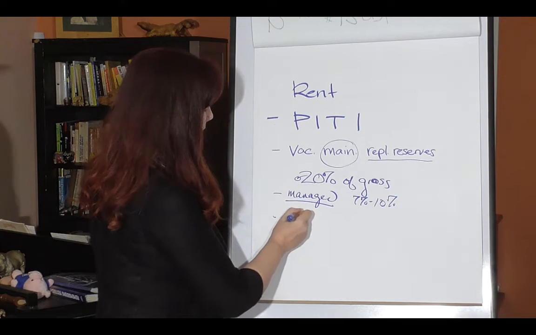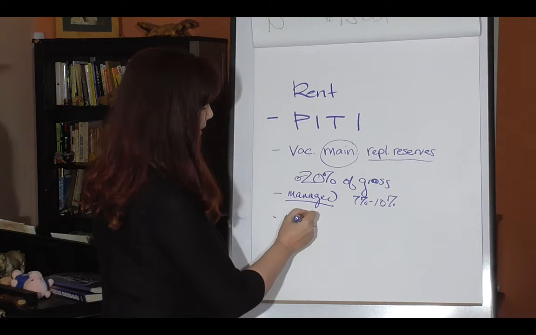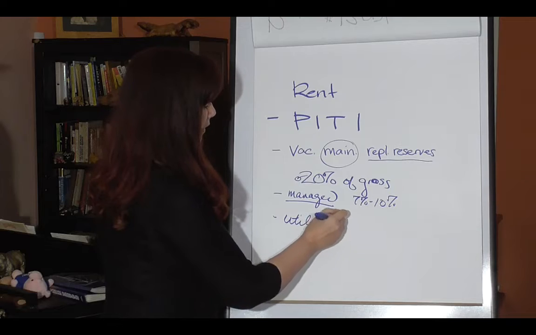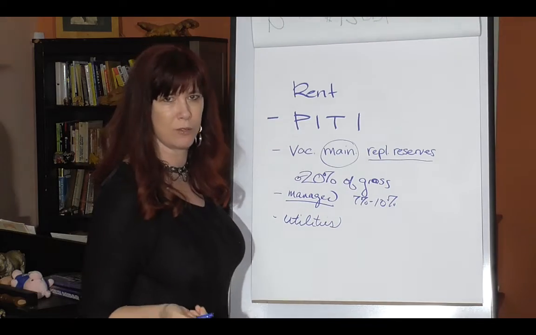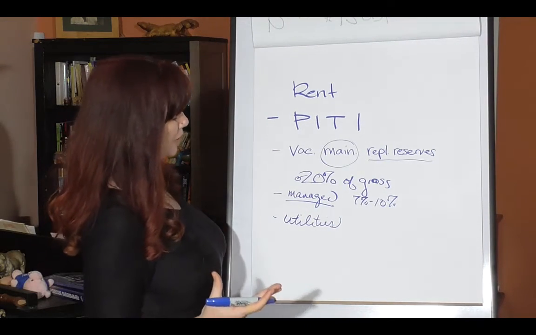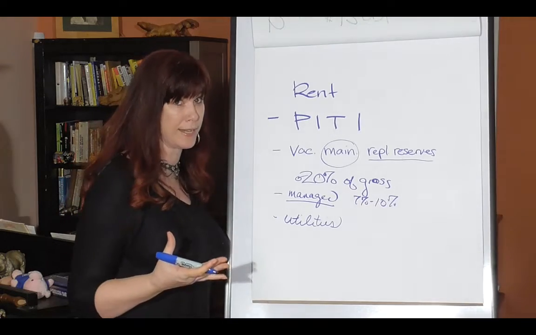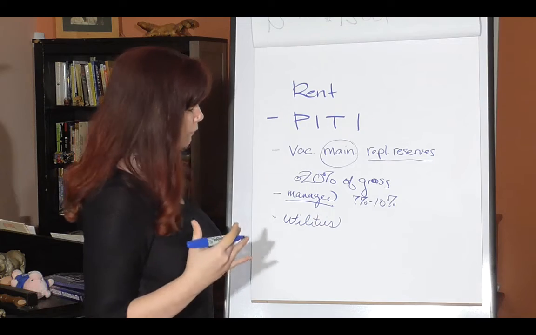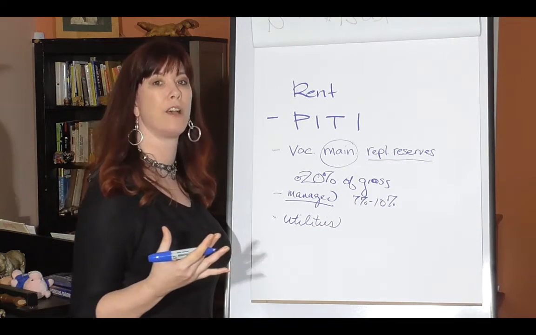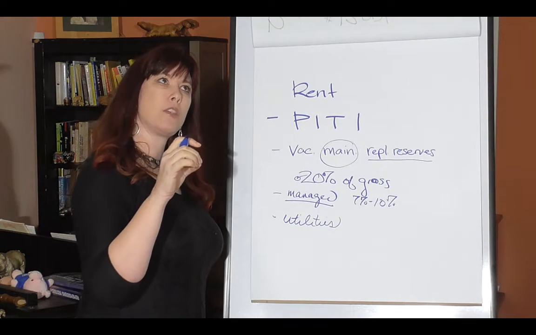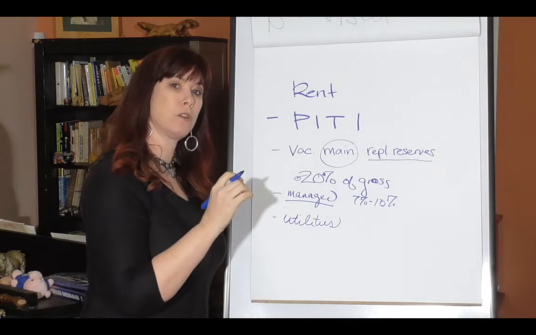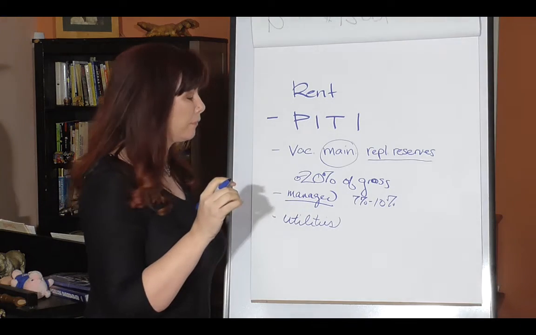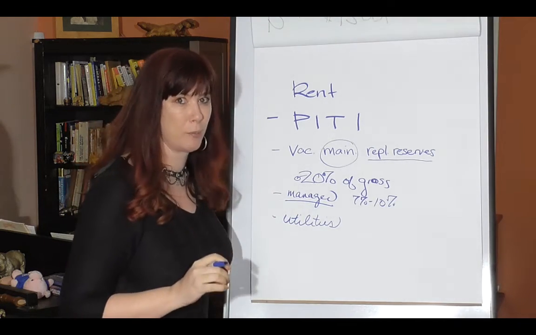Another thing to look at is owner-paid utilities. Now, you might be thinking, well, in a single-family home, owners don't pay utilities, except sometimes there are some utilities that the owner is just expected to pay. For instance, we've got some cities here around where I live where your property taxes cover garbage pickup if you're an owner-occupant.